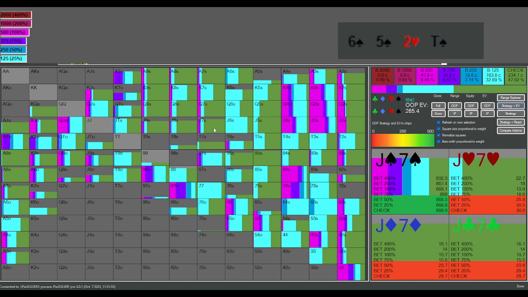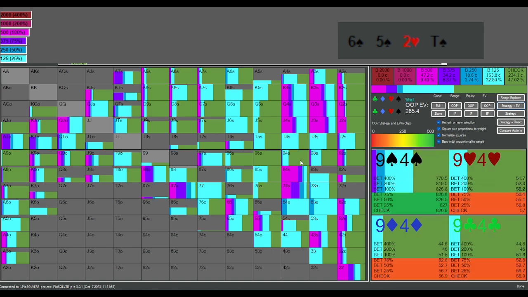But if we have like 9-4, 9-3 that are much closer between betting and checking, well, now these hands might yield an extra. Let's see, the difference between betting and checking here might be a few big blinds per 100 or something.